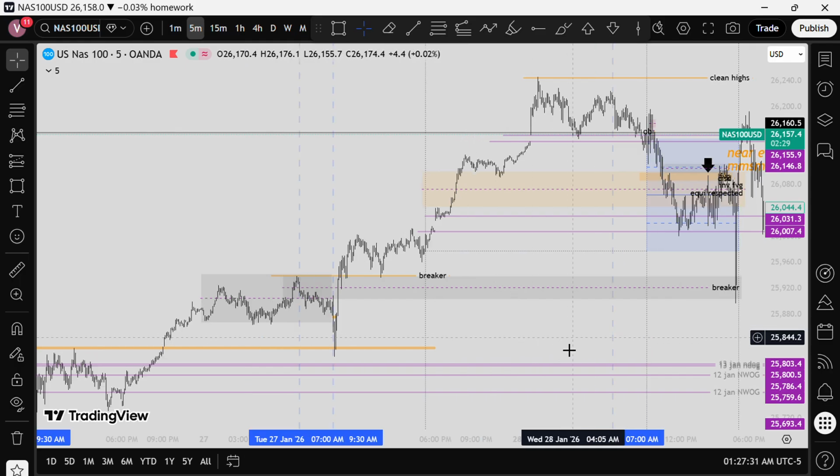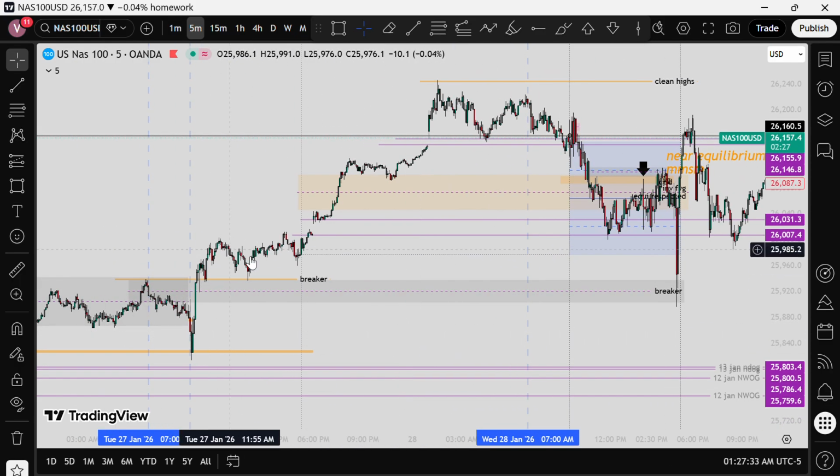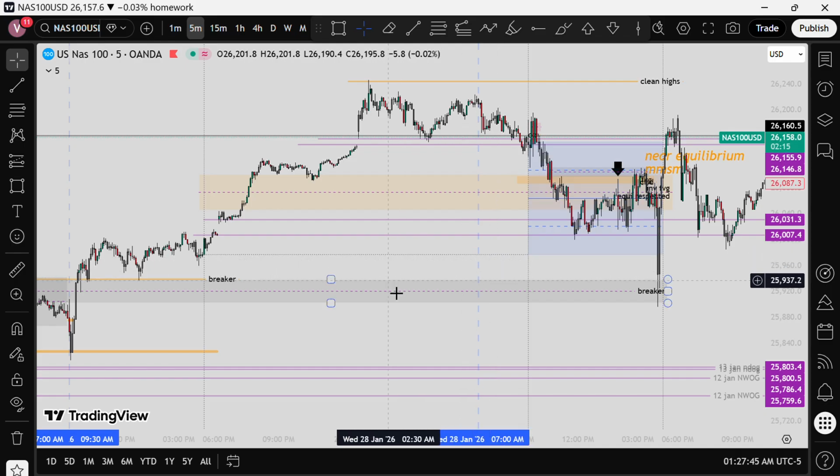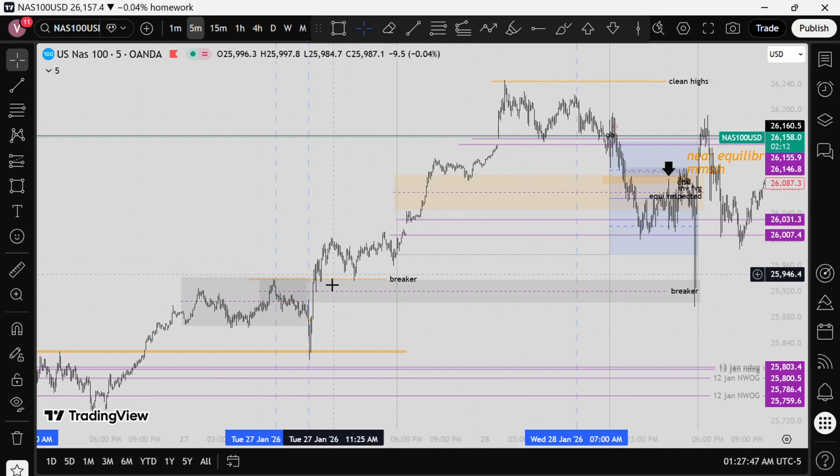So observe closely. Isn't this the market maker sell model where this is expansion, then this is accumulation, second expansion, accumulation, third expansion?